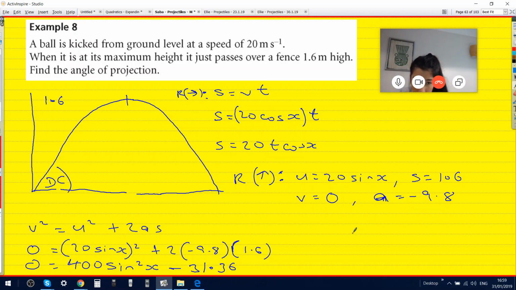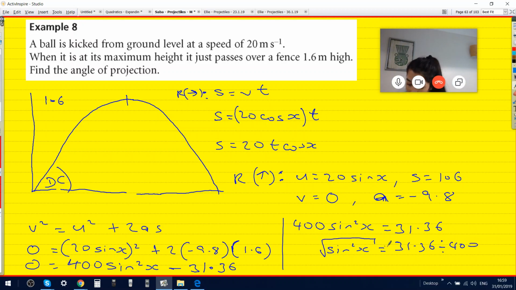So make 400 sine squared x equal 31.36. Divide it by 400. Square root it. And then do sine minus 1 of that answer. Gives you 16.3.